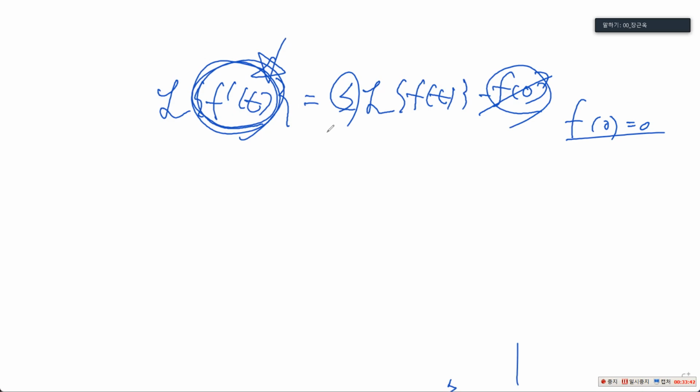Once we do the Laplace transformation, it costs something, okay? However, once we do the Laplace transformation, and if we want to do the differentiation, we do not need to do that. The only thing we need to do is just multiply by s.